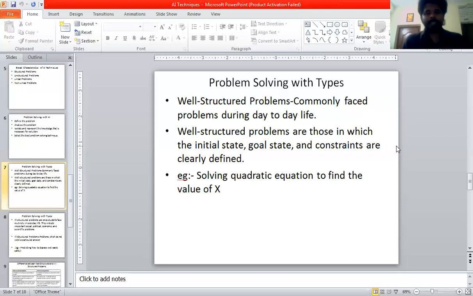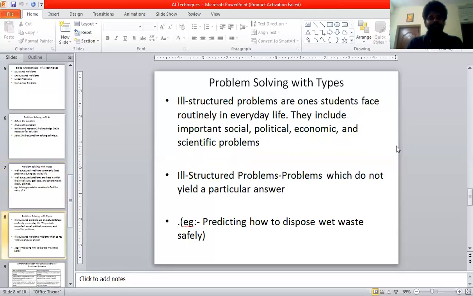So what type of problem does that come under? Suppose it were of a different manner, it could not be solved. So it comes under the well-structured problem, where player one and player two want to achieve it, the first will be the winner, and it is a good example for a well-structured problem.